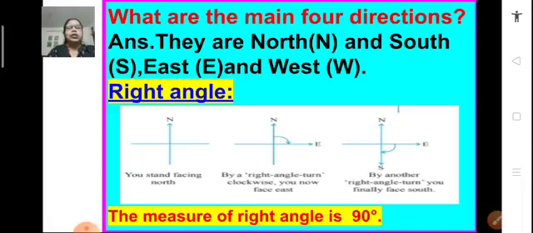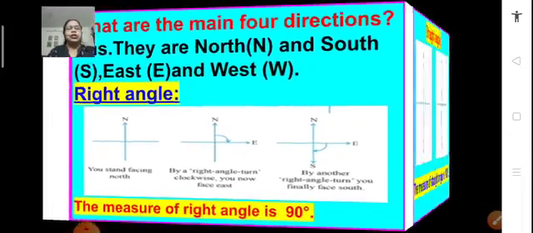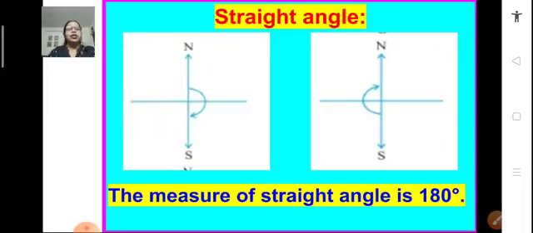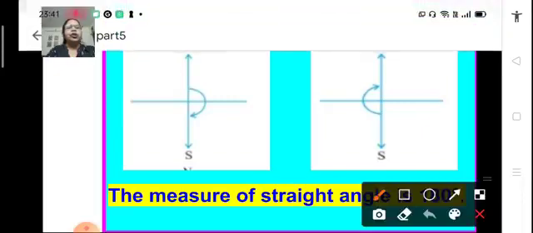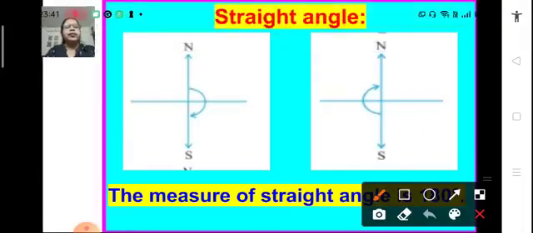So, what is the measure of a right angle? The measure of a right angle is 90 degree. Now, children, when we move from north to east, we have taken one 90 degree turn or right angle turn.